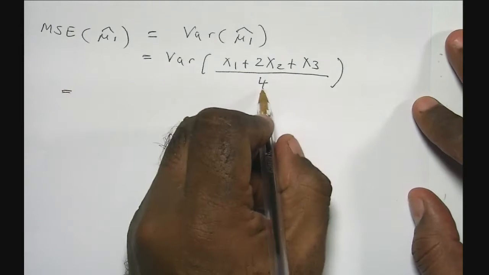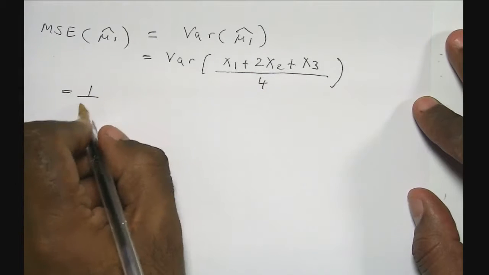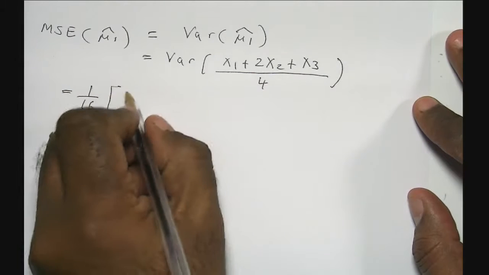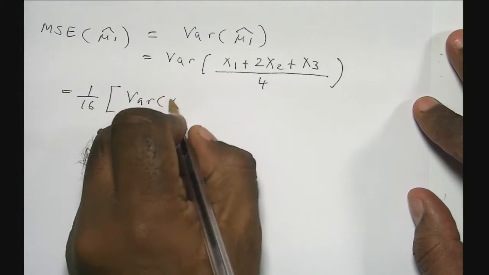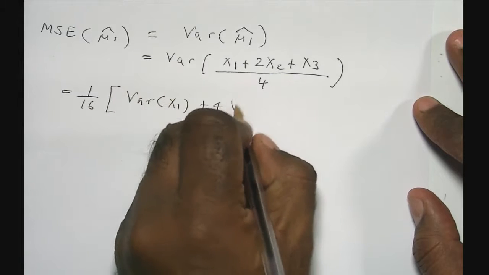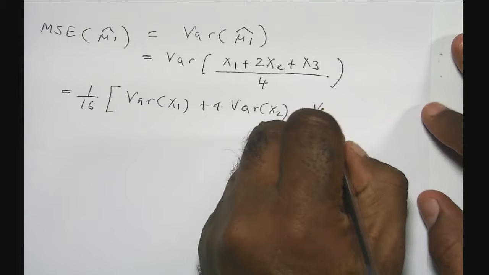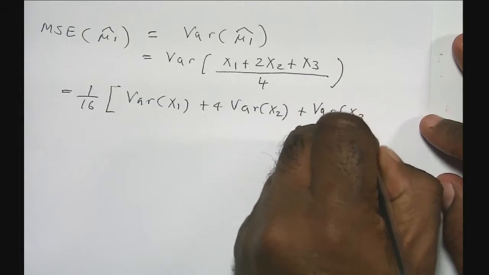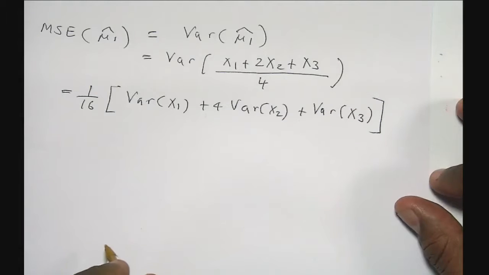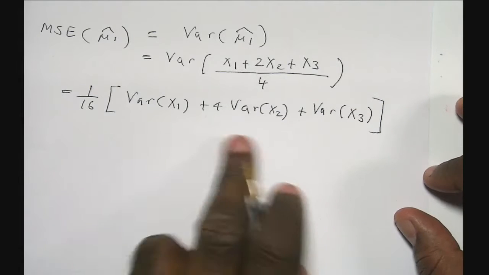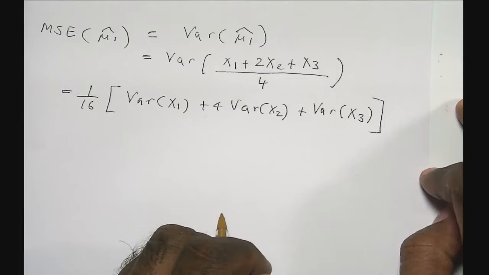Now when you pull out the 4 outside, it becomes 1/16 times the variance of x1 plus 4 times the variance of x2 plus the variance of x3. Now we know that each xi has variance sigma squared.